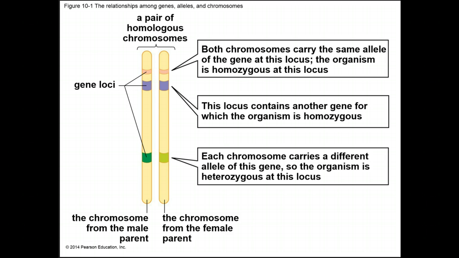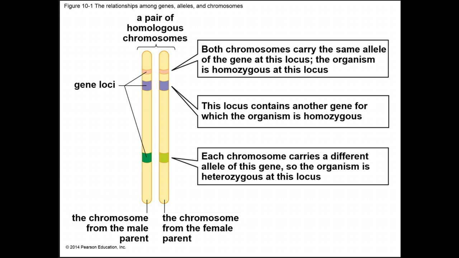Let's go back to where we talked about an organism's two alleles being the same or different. Each cell carries two alleles, or two versions of a gene, per characteristic. One version comes from mom and one version comes from dad. One is on the chromosome from mom and one is on the chromosome from dad.